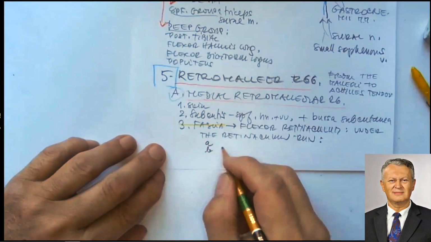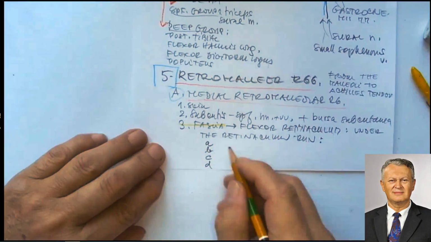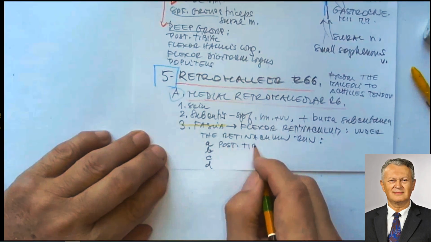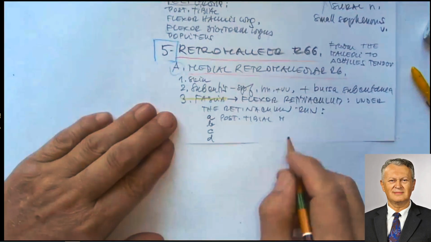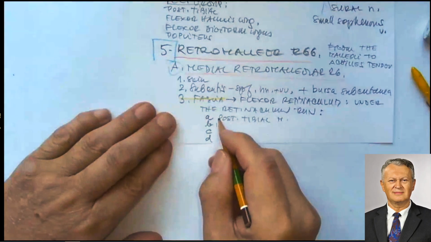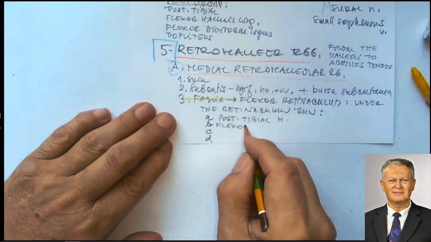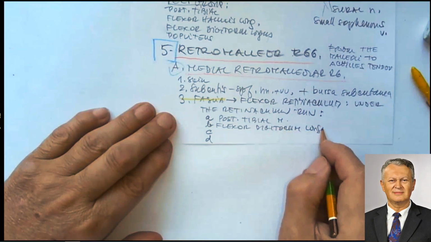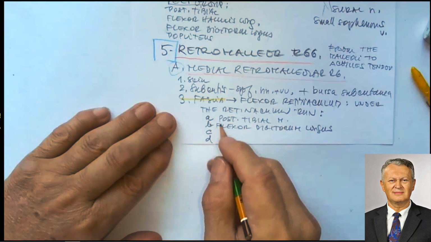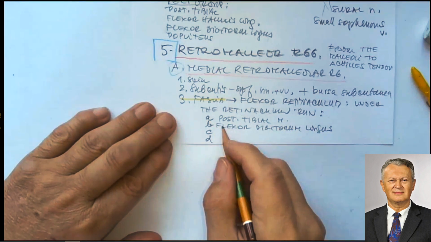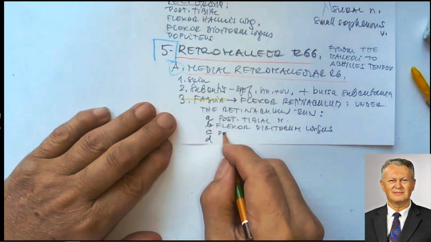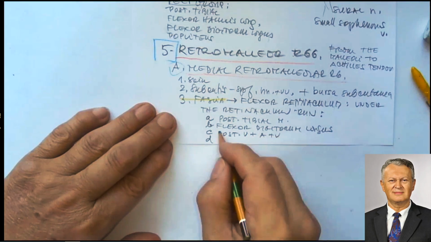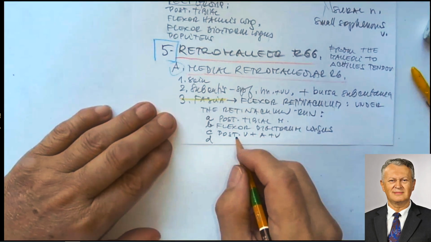A, B, C, D. So that means posterior tibial muscle, then flexor digitorum longus, and then posterior tibial vein plus artery plus vein, because they run on both sides.